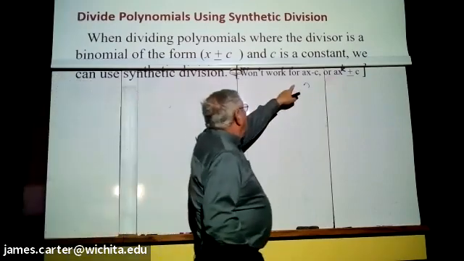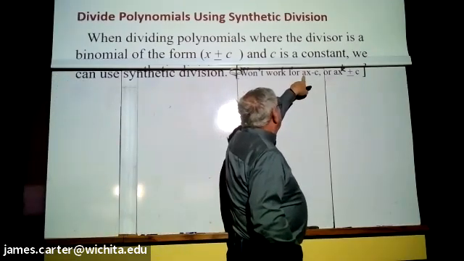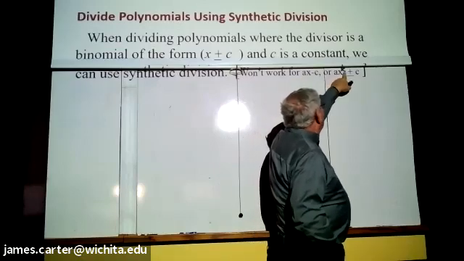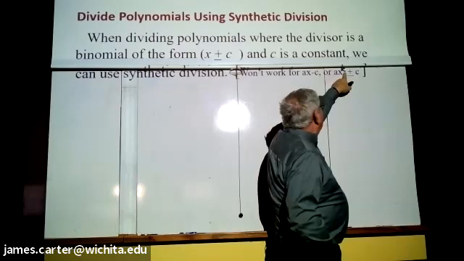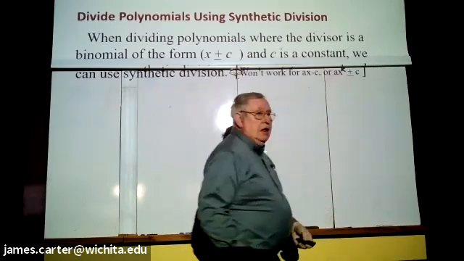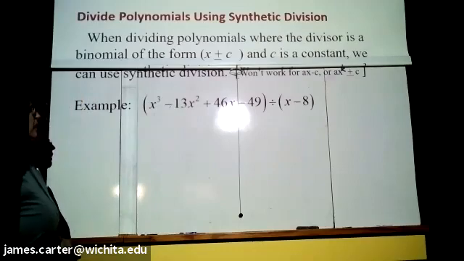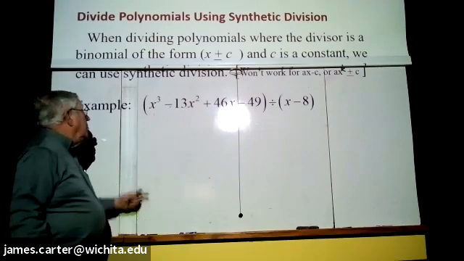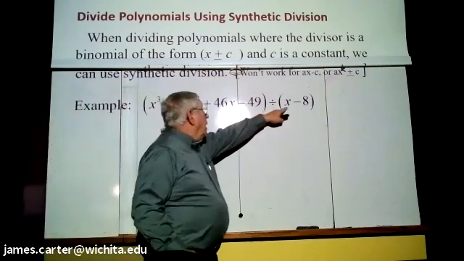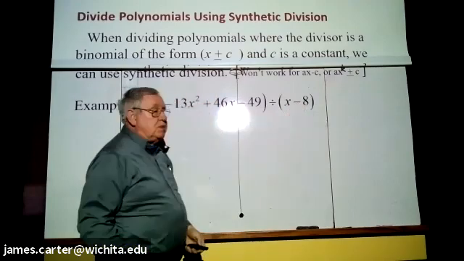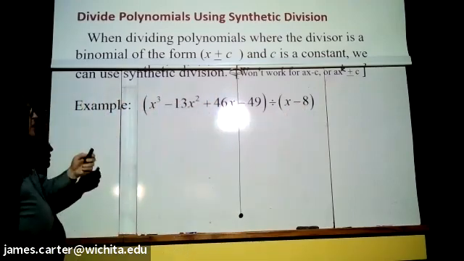Notice it won't work if x is something besides 1x, and it also won't work if the power of x is greater than first power. Here would be an example of a problem you could work this way. Likewise, if we had x plus 8, you could still work this problem using synthetic division.